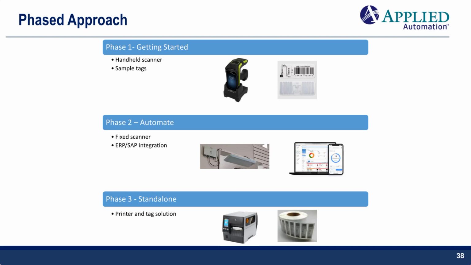So after that, we would add different types of fixed scanners, whether that be, if it's inventory management, adding a fixed scanner over a door, or if it's assets or work order tracking, adding those fixed scanners throughout the facility. It just depends on their application. And then we're also able to offer an ERP, MES, SAP integration with our partners, Imelgo, that we're working with on the software side.